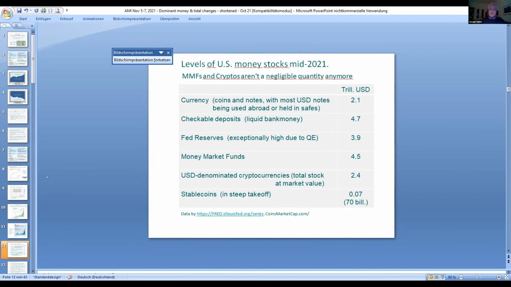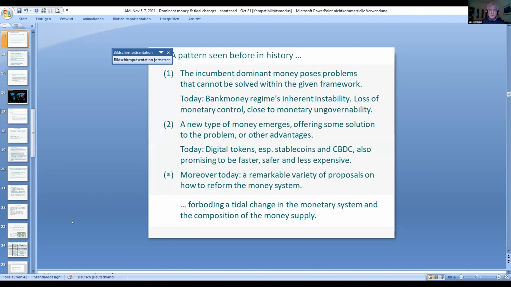And so that development can no longer be dismissed as a negligible quantity, but it has become a truly very, very important development. And as I see it, this is a pattern that was seen before in history.